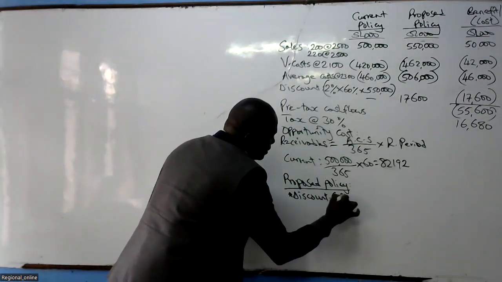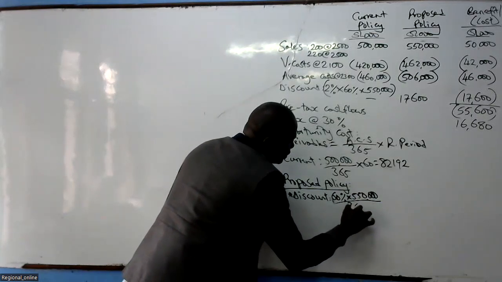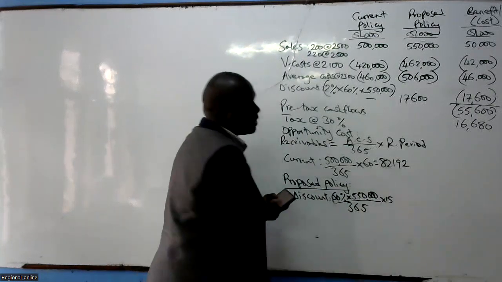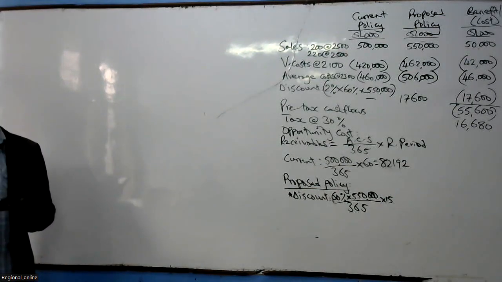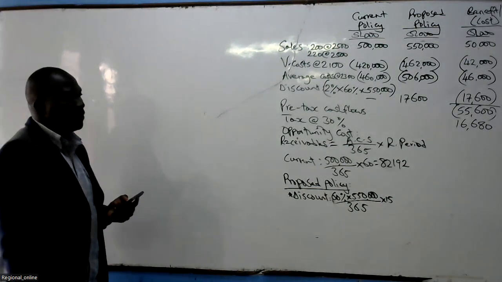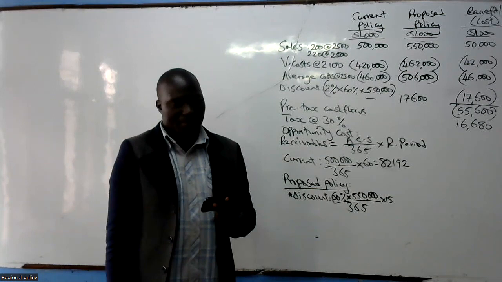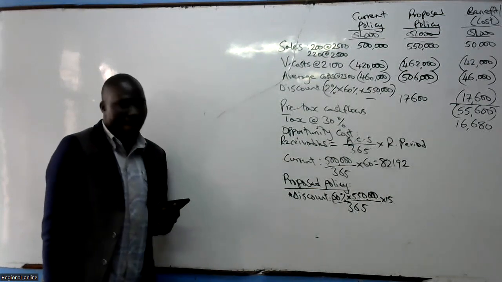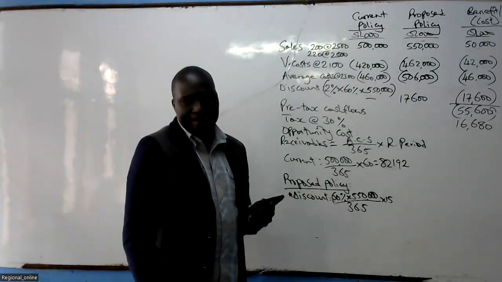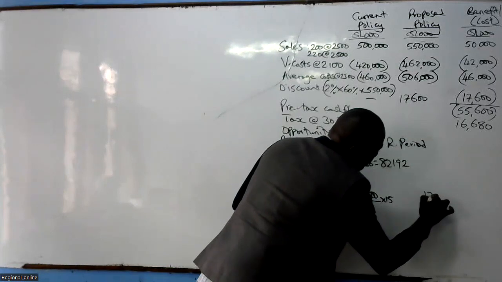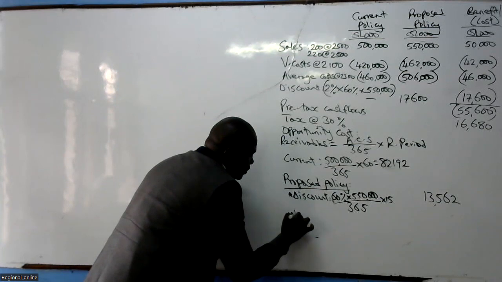So the 60% of 550 will enjoy the discount and pay within how many days? 15 days. So how much would that be? So 13,562.